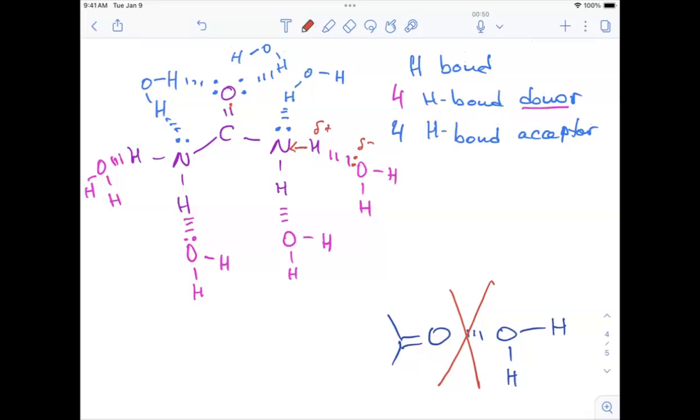Oxygen steals electrons from the hydrogen, and so hydrogen ends up partially positive, and the lone pair is partially negative. So the hydrogen bond, at its core, is just the electrostatic attraction, the opposites attract principle.